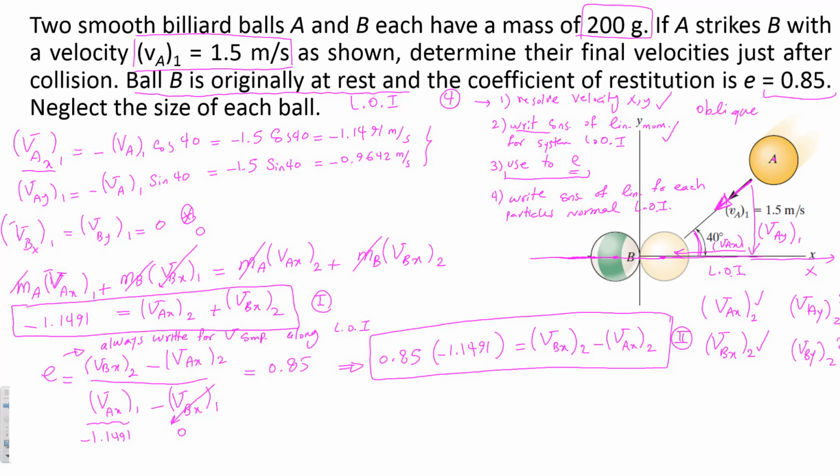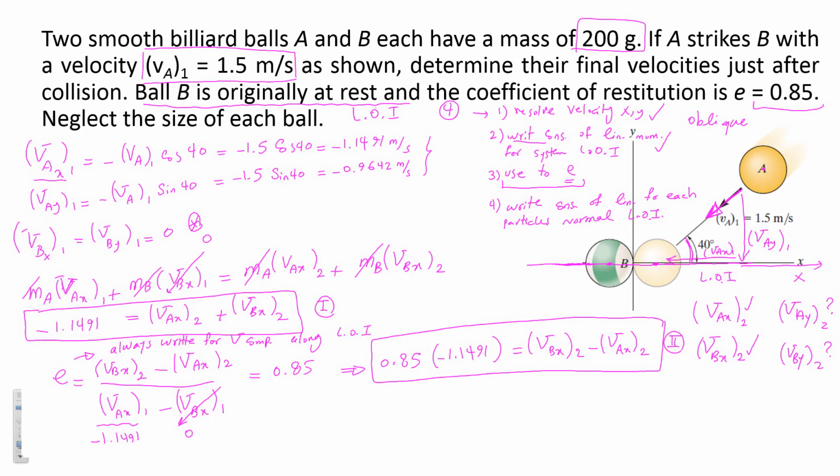How can I find them? To find these two components along the y direction, I will go through step 4: write the conservation of linear momentum for each particle along the normal to the line of impact.